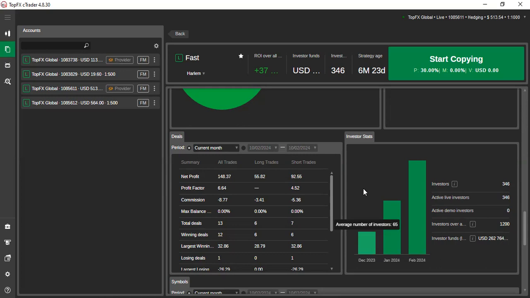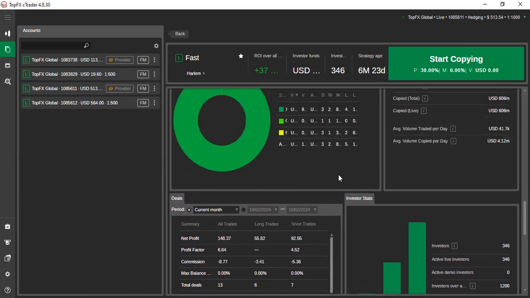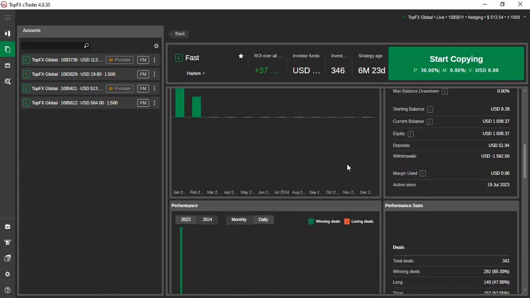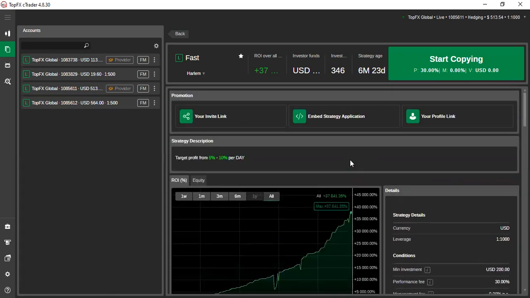I check all these things to decide to add them to my favorites, so that whenever I have investors or traders on board that want to partake in the copy trade, I just advise them to copy the traders that I have on board. It's very clear.